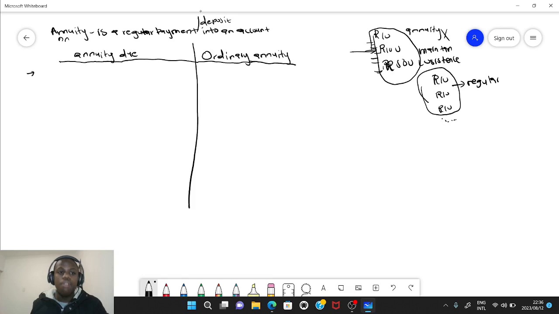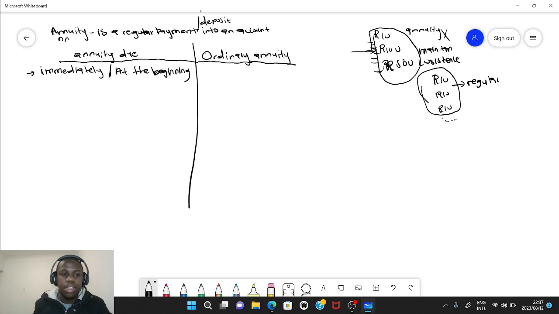For you to be able to identify whether you have annuity due or ordinary annuity, look at this: the moment you see immediately or at the beginning of, it can be a month, a week, a year, it depends, just simply know that you have an annuity due, right?